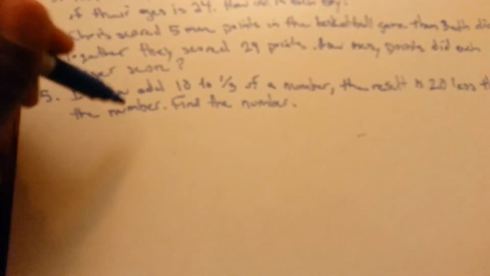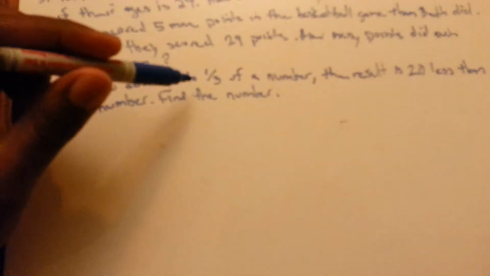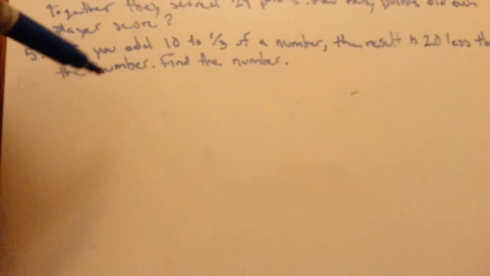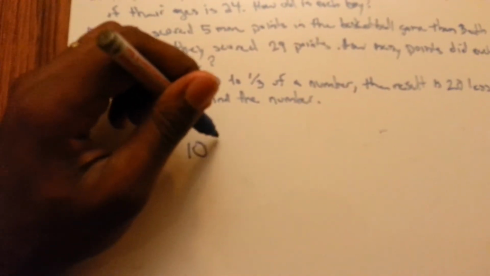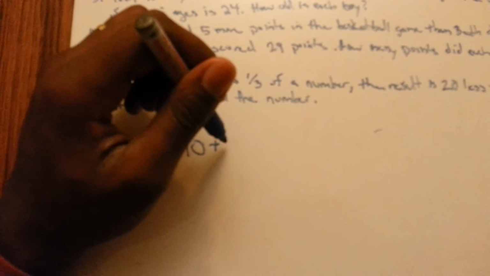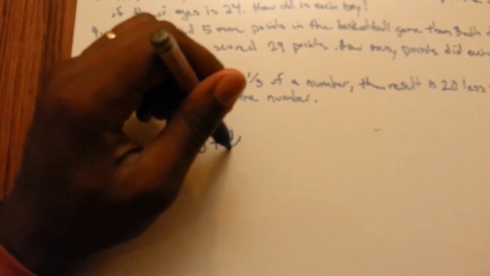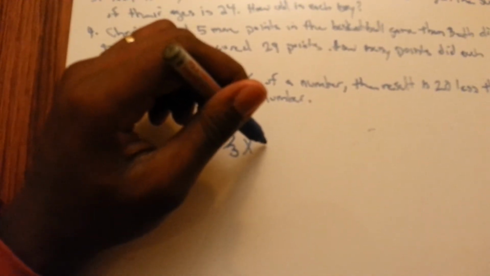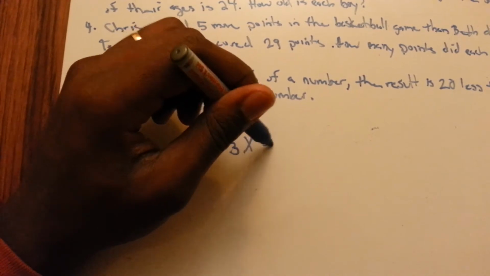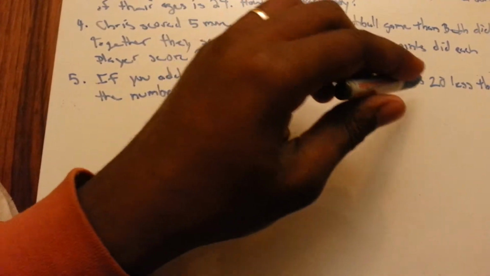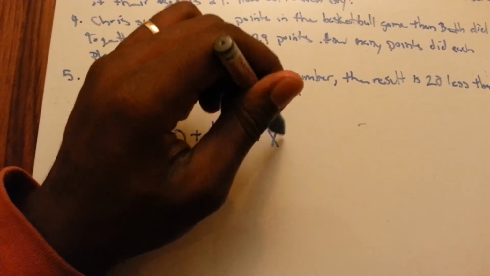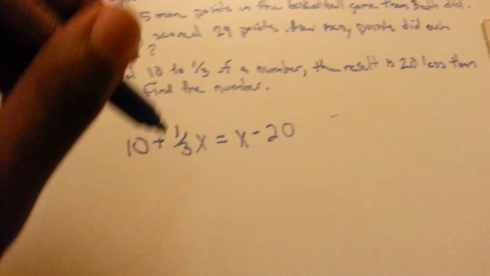And last one: if you add 10 plus 1/3 of a number, the result is 20 less than the number. Find the number. So we have 10 plus 1/3 x equals that number, or 20 less than that number. So x minus 20.